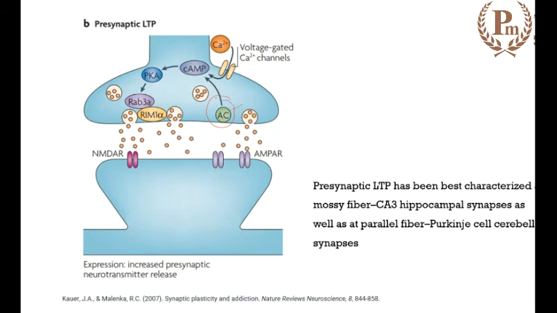This adenylate cyclase is going to cause the production of cyclic AMP. Cyclic AMP is mainly going to cause the activation of protein kinase A. And this is going to do what? In turn, stimulate these proteins, RAB3A or RIM1 alpha.